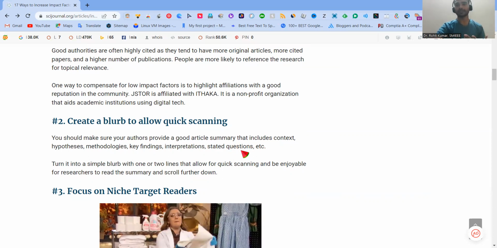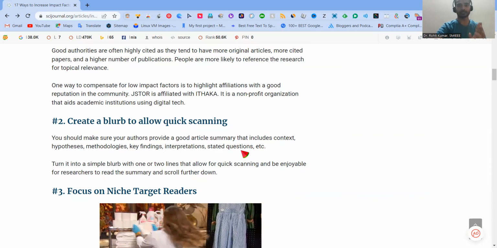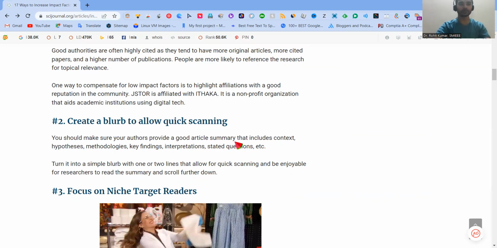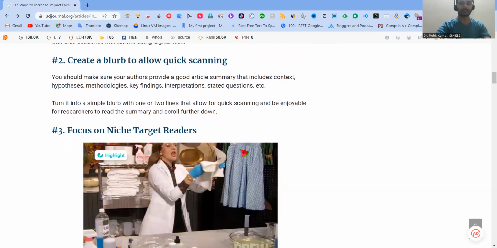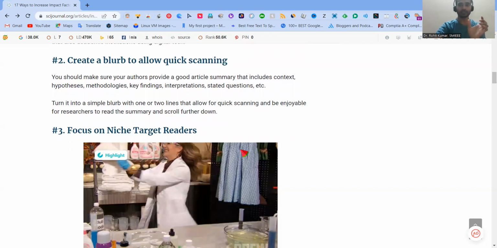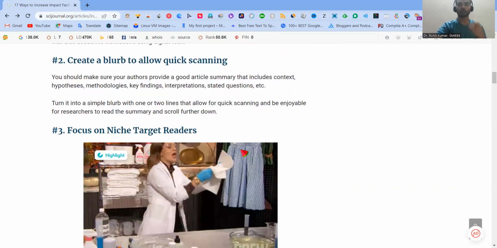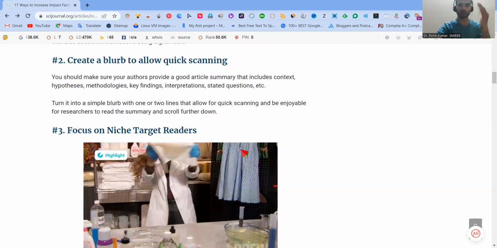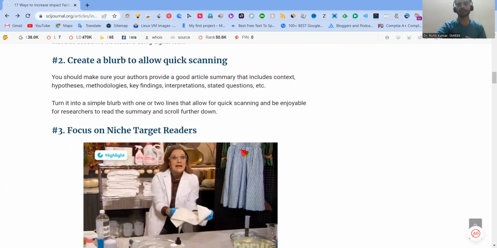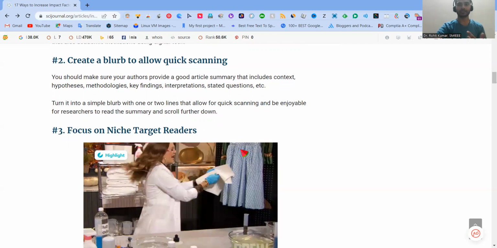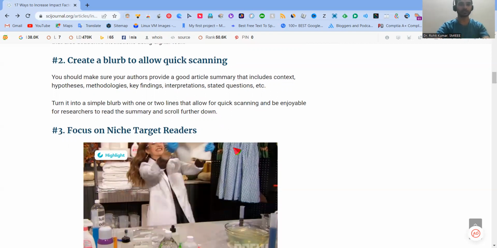Just by seeing the highlights, people can decide that yes, this particular journal is the right thing. So it is very important to give a highlighted portion of a particular text to give the reader a very quick scan of the whole, and the reader may make up his mind that yes, I want to publish in this particular journal.